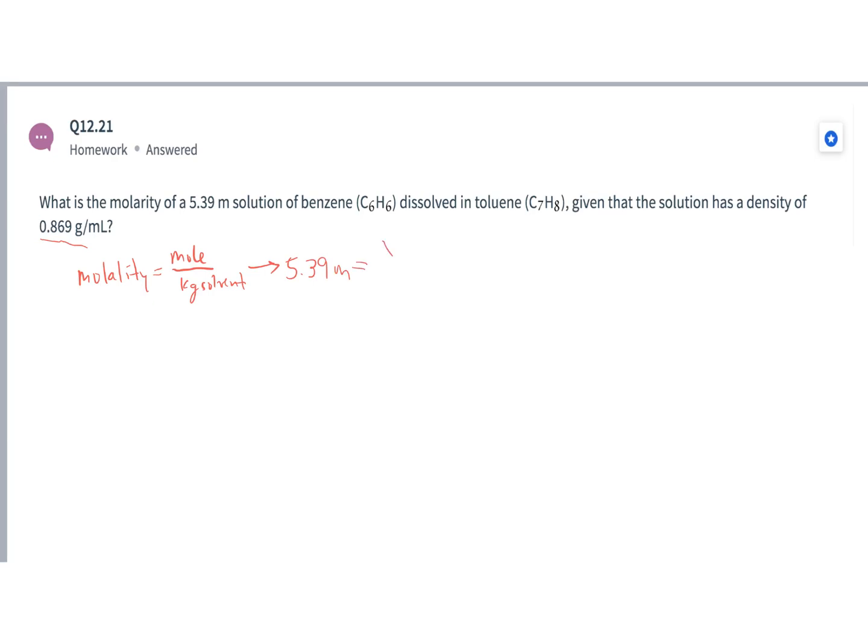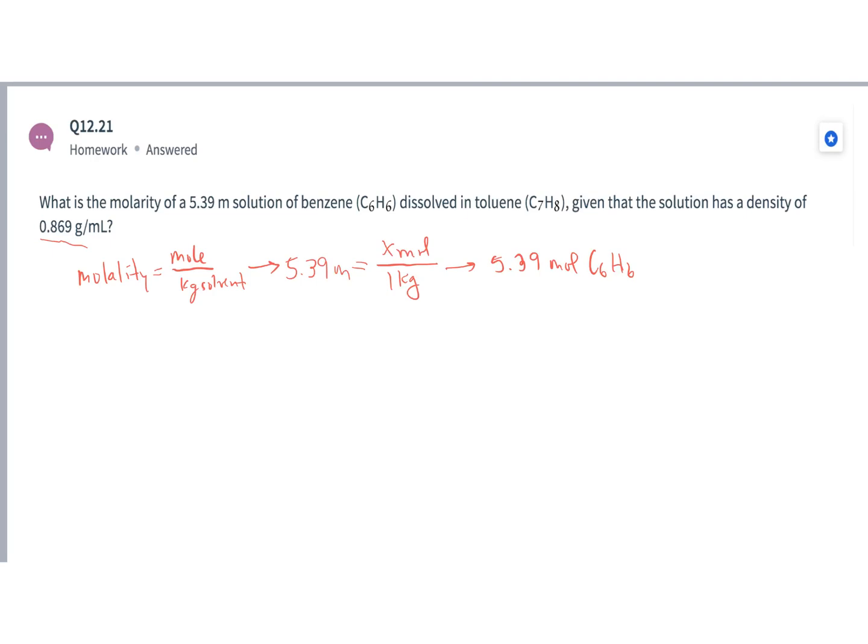So I've got X moles, and to make my life easy, I'm going to have 1 kilogram of solvent. So I have 5.39 moles of benzene.